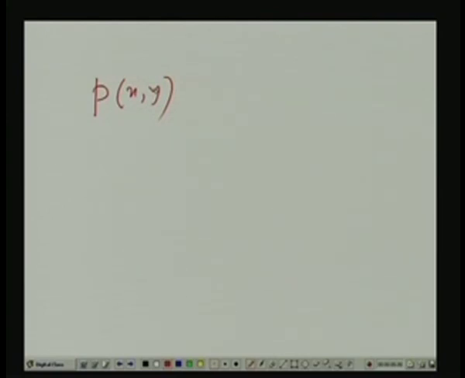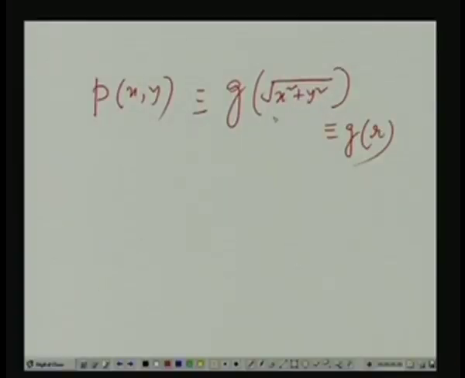It is no longer in terms of p, you can express it as a defined function, and that function I call g. That is equivalent to g(r), this is r.